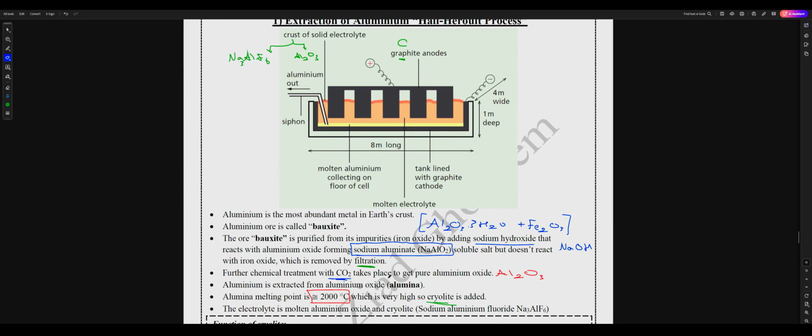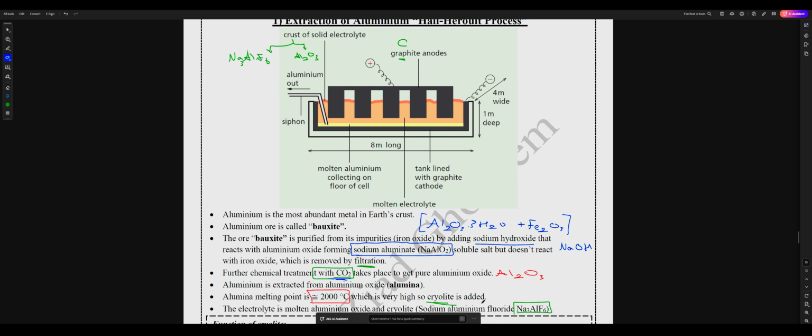This is very important. Then, in order to further purify the sodium aluminate, NaAlO2, we react it with carbon dioxide. That's another thing that's really important in order for us to get pure aluminum oxide. We take the aluminum oxide and add some cryolite to it, which is sodium aluminum fluoride, Na3AlF6, and we broke down the structure for that and for the sodium aluminate.